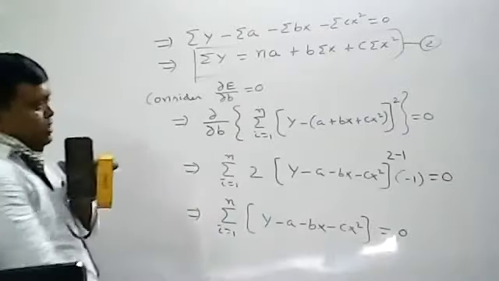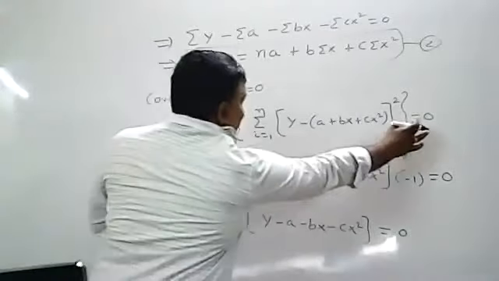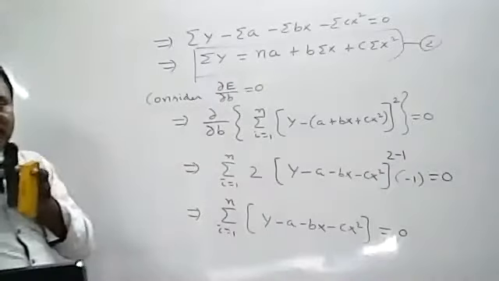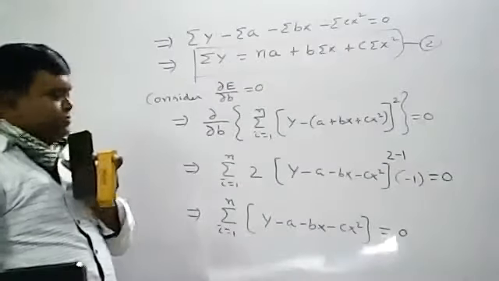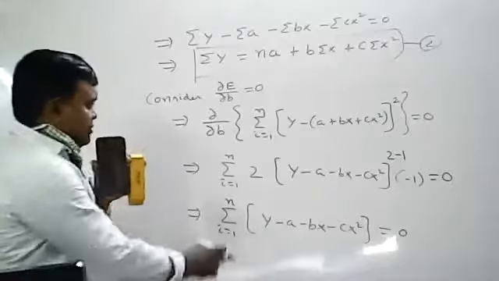Zero means what? ∂E/∂b, the E formula is this one, and this E formula is equivalent to 0.